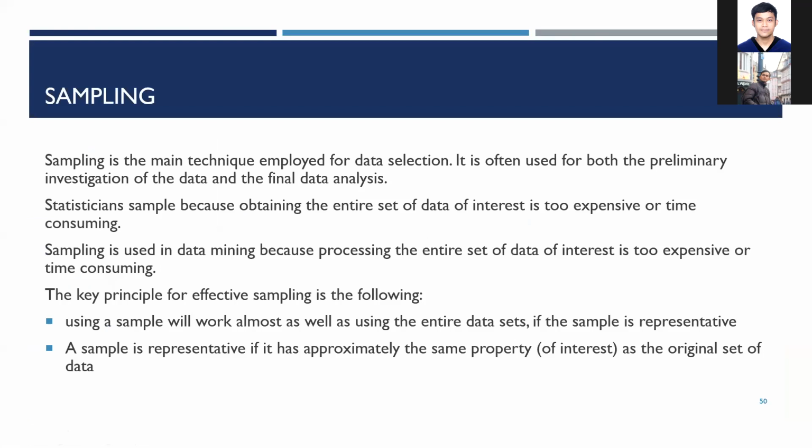Okay, sampling. Sampling is the main technique employed for data selection. So sampling focuses on data selection. Remember we have feature selection later, but sampling is data selection, so we choose the instances, not the features or attributes. Data sampling is often used for both preliminary investigation of the data and final data analysis.